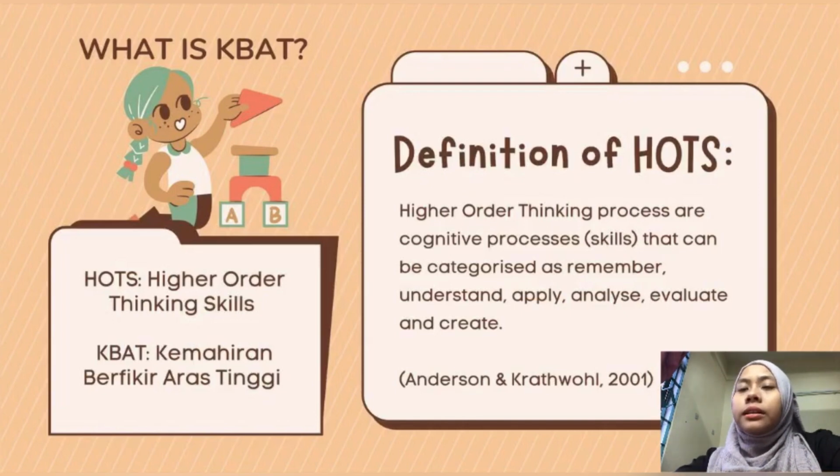And the definition of HOTS are cognitive processes or skills that can be categorized as remember, understand and apply, analyze and evaluate, and also until we can create something based on our own understanding, by Anderson and Krathwohl.